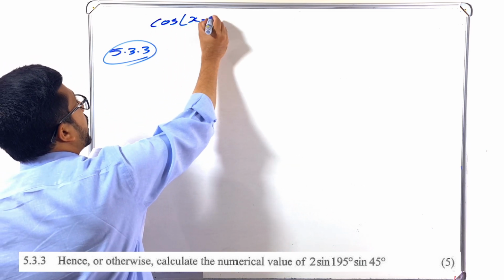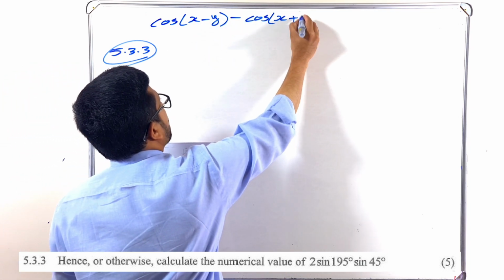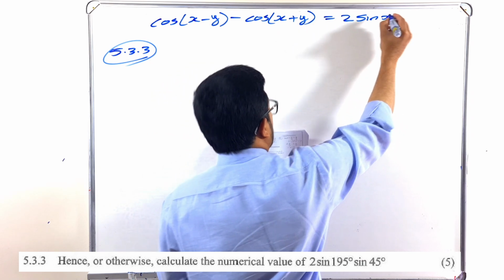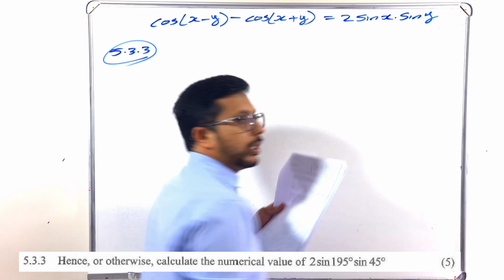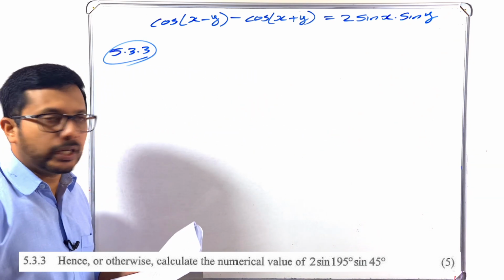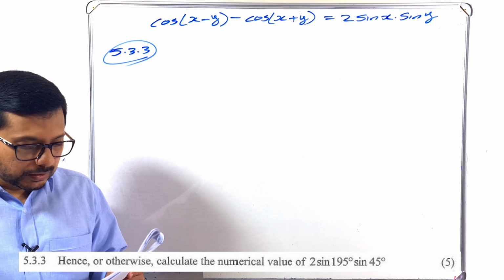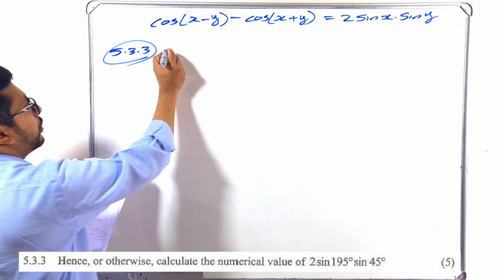Cos of x minus y minus cos of x plus y is equal to 2 sin x sin y. This is what we proved in the previous question. Am I right?